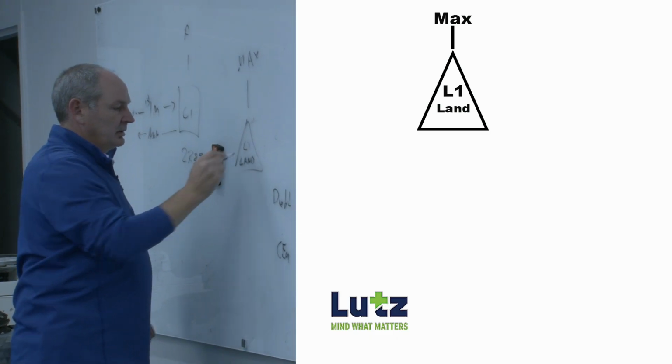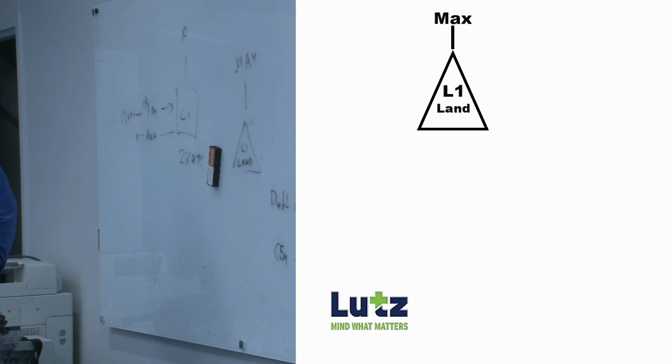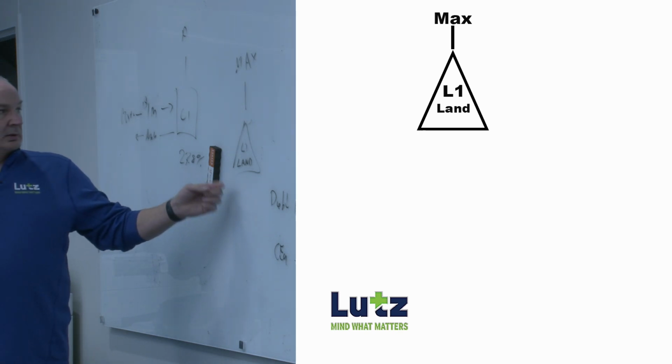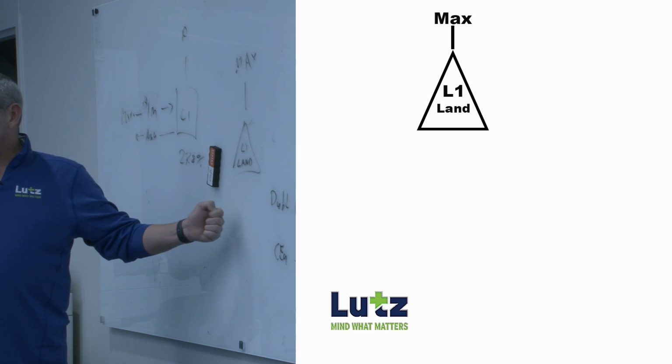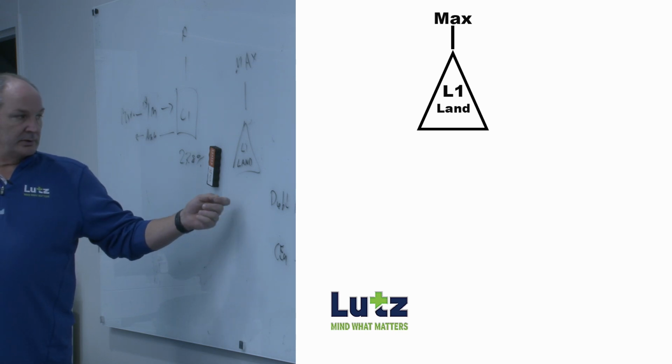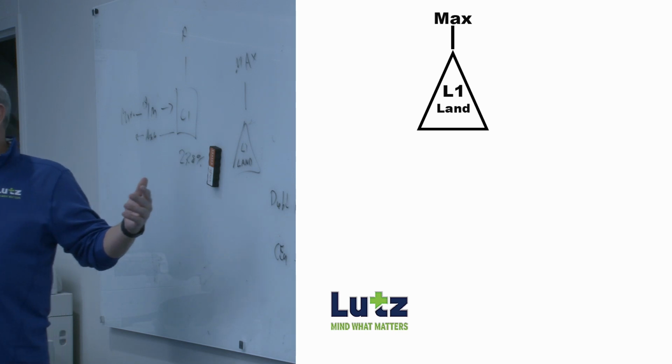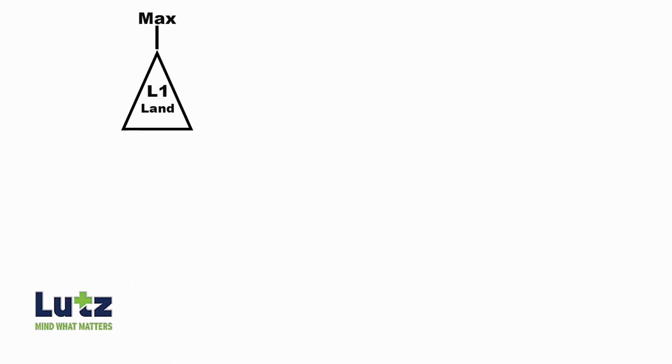Max owns L1, and L1 owns land. And Max said L1 owns the land legally. So there's a legal entity that owns it. We're going to call it a piece of hunting ground, and somebody unfortunately gets shot on the hunting ground, and Max gets sued because of that.